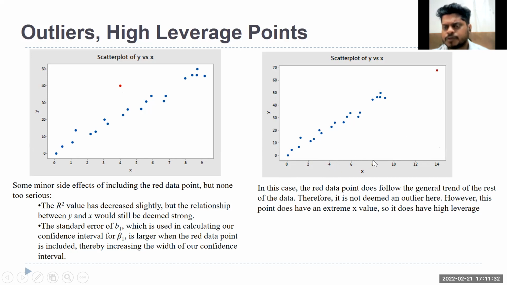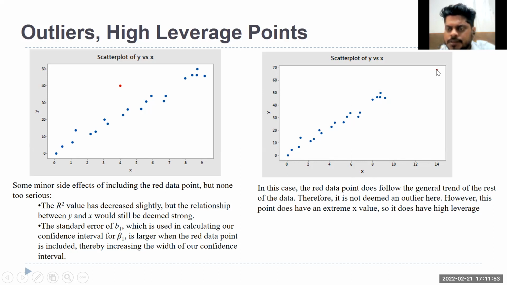X is a particular quiz score out of 0 to 20, and y is your final score, right? So if you see, the range of almost all the values is between 0 to 10. But there is one value with x equal to 14, and obviously there is a separate y value.